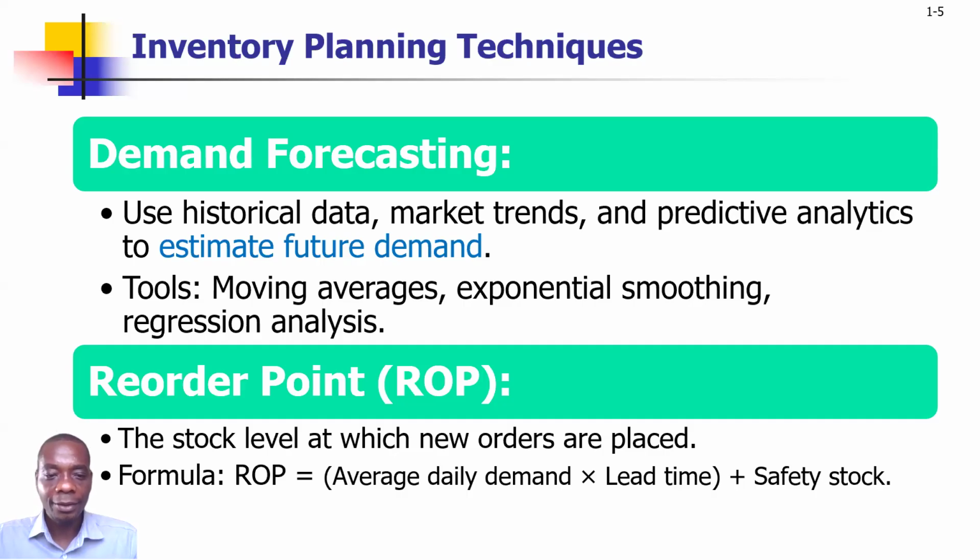And then reorder point is the level at which you want to order new product. That can be arrived at using your average daily demand. So let's say today you sold 15 pieces, tomorrow 35 pieces, the next day you sold 10 pieces.